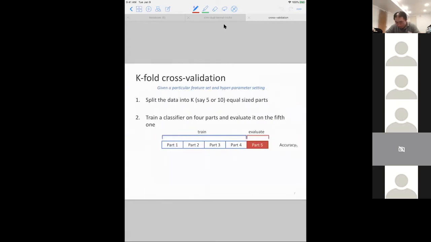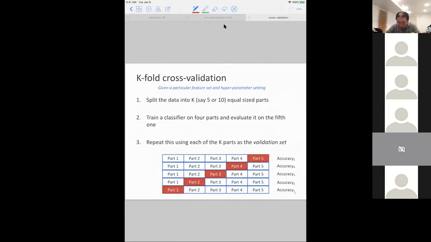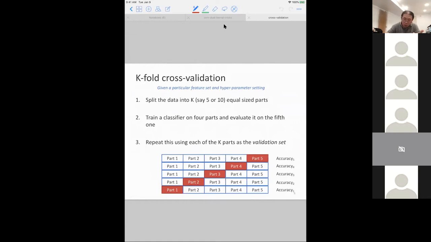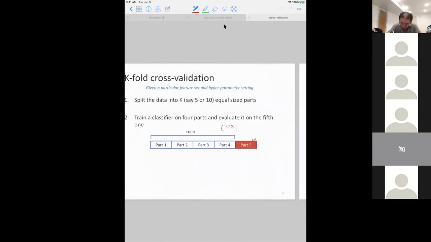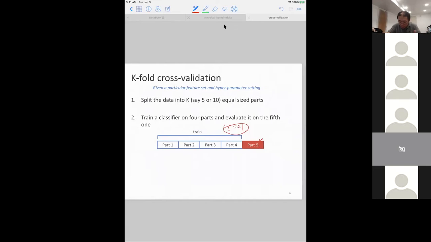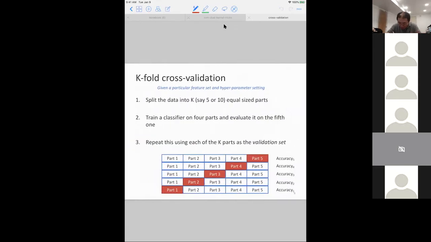And next, I'm gonna switch to another test part, say part 4, as our validation set, and then use the remaining 4 parts as the training set, using the same choice of C to train a model, and then predict on this validation set. I get a second accuracy, right?